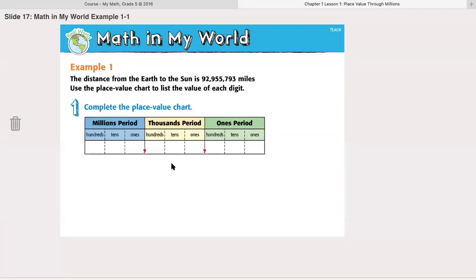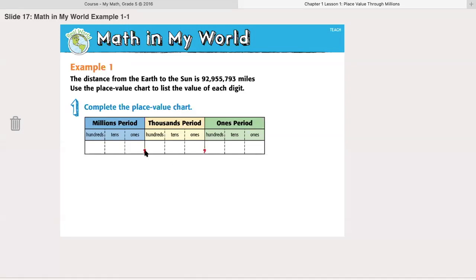Okay, so when we're talking about digits to the millions period, every time we see a comma, we should be saying something about that period, right? 92 million refers to the millions period, 955,000 refers to the thousands period, and 793 refers to the ones period, okay?